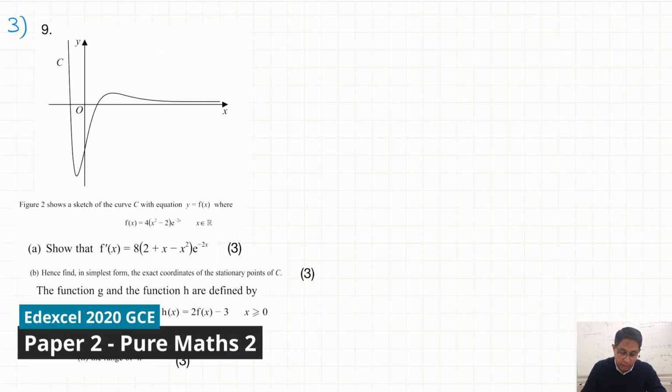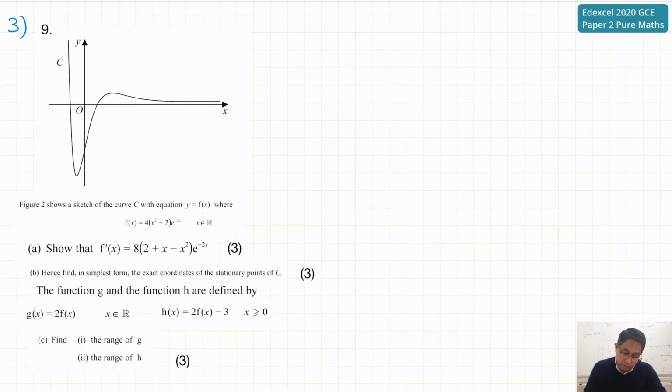Question number 3. Here you have the graph of function f(x) where x is a real number. Part A, you have to show that the derivative of this function f(x) equals this function. Let's see how we can differentiate this function. Here you have a product of two functions.